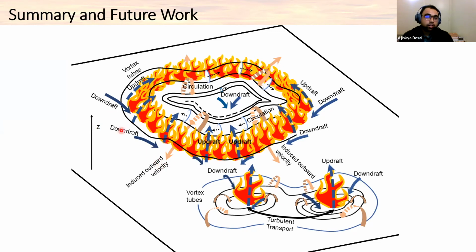So that is what is causing the fire to spread outward. So the circulation structures are the key mechanism for the fire spread. Third, when these fixed points are formed, there is some kind of interaction between these fire pockets. You see that from the vortex lines. You also see that from the turbulent transport term.